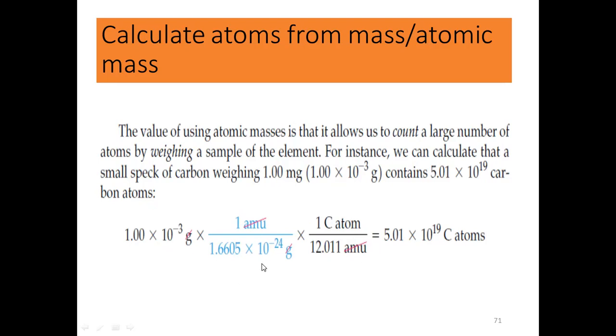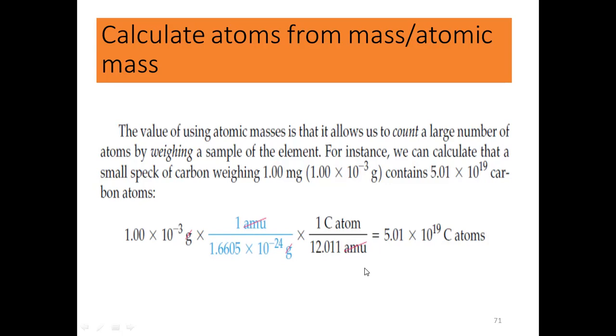You put this ratio in such a way that gram cancels out with gram, so gram goes in the denominator and AMU in the numerator. Gram is cancelled out, and what is left is AMU. So now if you divide this value by this figure, it converts into AMU.